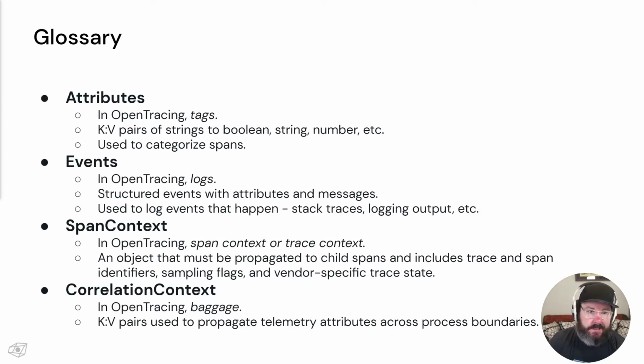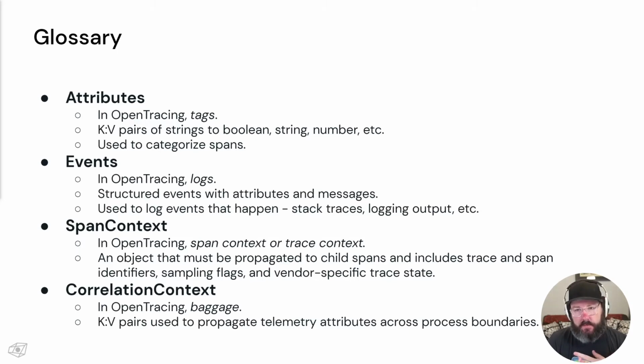I actually think that it's being renamed to baggage in the trace context spec, but I'd have to go look at the meeting notes. However, the idea with baggage or correlation context is that you can use this to propagate telemetry attributes that aren't necessarily the trace ID or span ID or sampling flags, right?